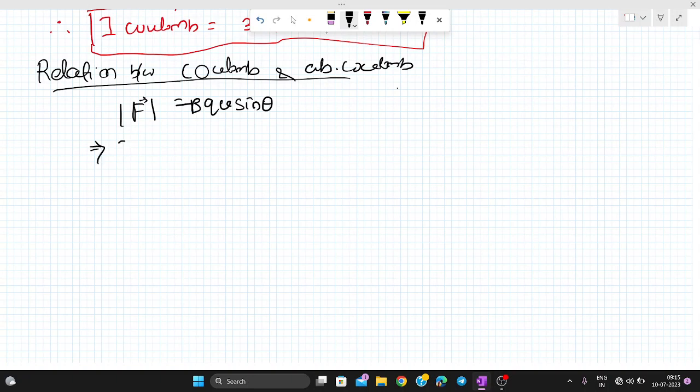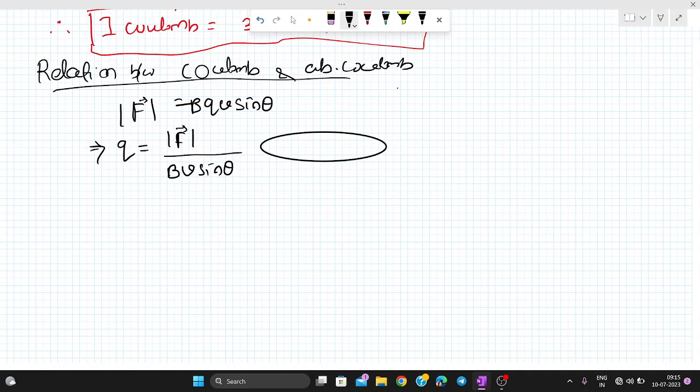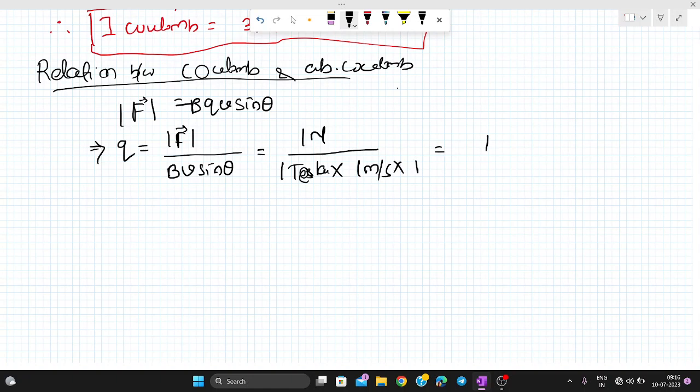Then Q is F magnitude divided by BV sin theta, where F is 1 Newton, and B is 1 Tesla into 1 meter per second into sin 90.